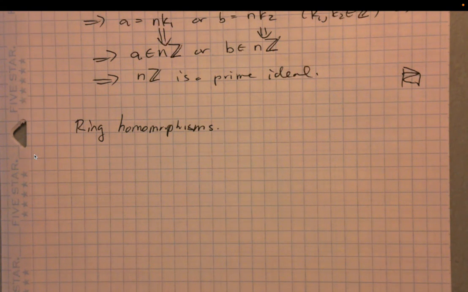I think we're nearing the end of the course. Only a couple more lectures left, and they'll all be on special kinds of rings after this. We'll talk about ring homomorphisms, and then we'll get into polynomial rings and different items related to particular types of rings.